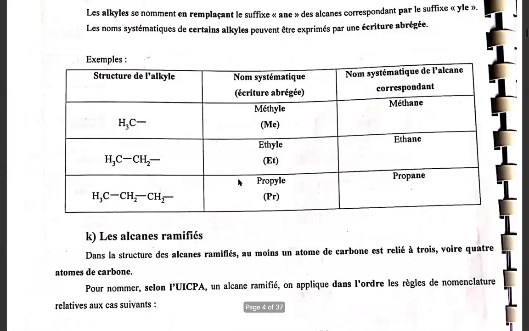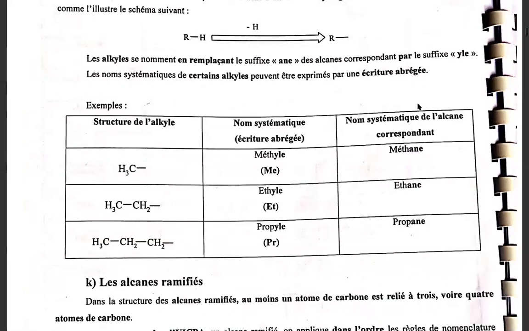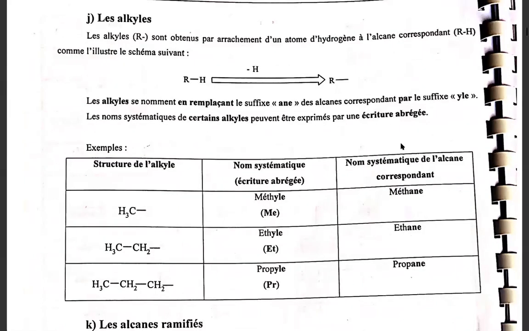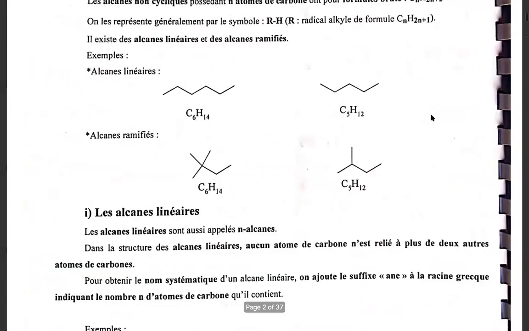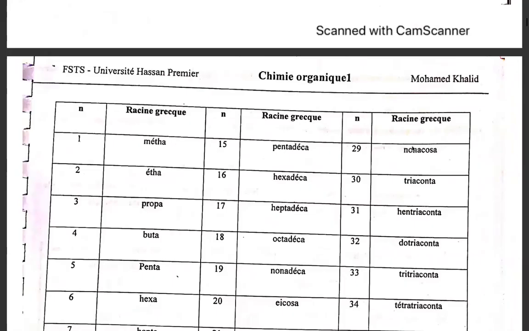Last time we defined what alkyls are, which are alkanes with one hydrogen atom less. So we have examples here. The systematic name of an alkane that has one carbon atom, from the general formula, we're going to say 1, then 2 times 1 is 2 plus 2, that gives 4. That is now what you call methane.